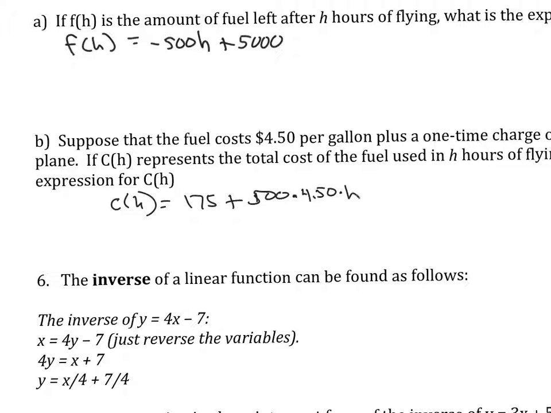So we end up with C of h is equal to 175 plus 500 times 450h, or 2250h plus 175. And so that gives us an output in dollars, and the input is in the number of hours.